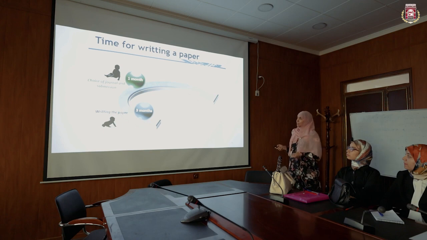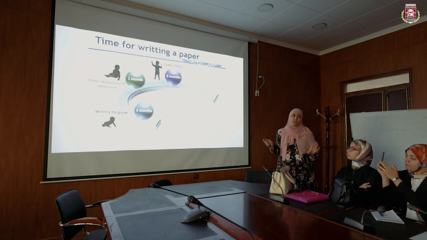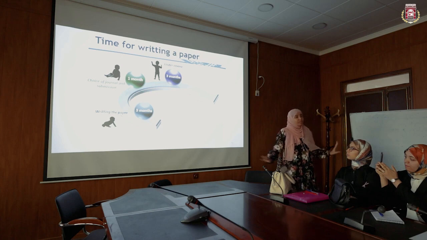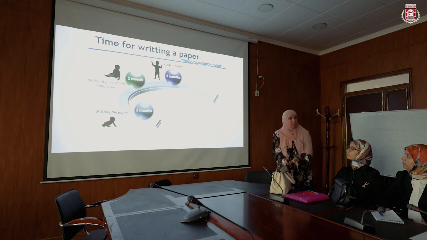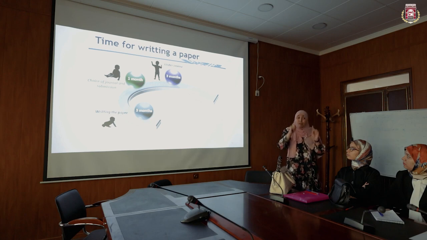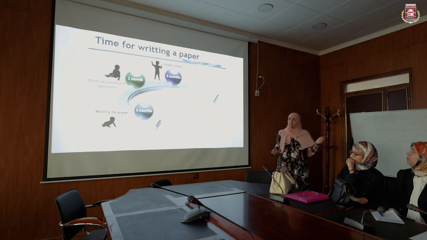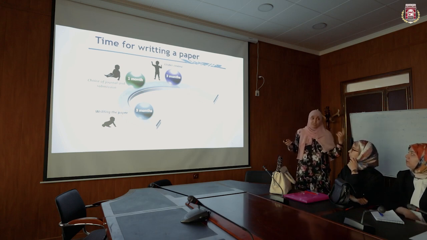After choice and submission, and the review, at this stage you cannot do anything, just waiting. It depends on the journal policy. If it's open access, it will take 1 month to get your answer. If it's hybrid or subscription, you will wait from 3 months to 6 months under review.